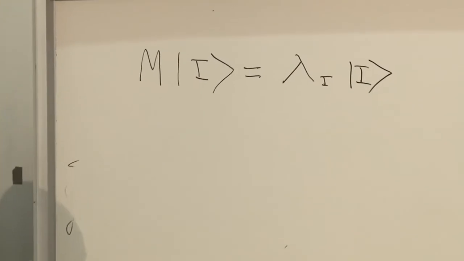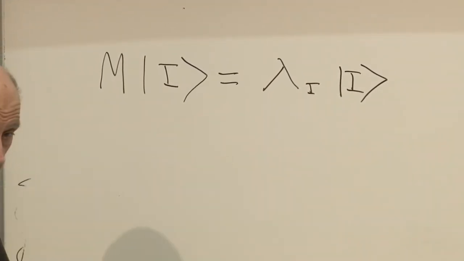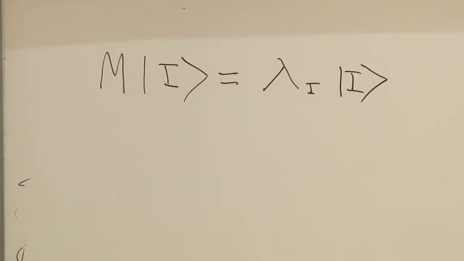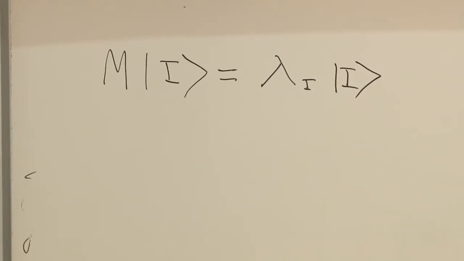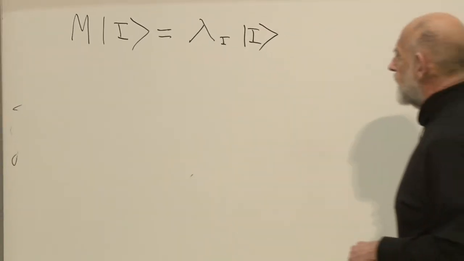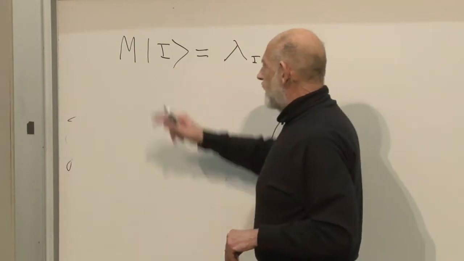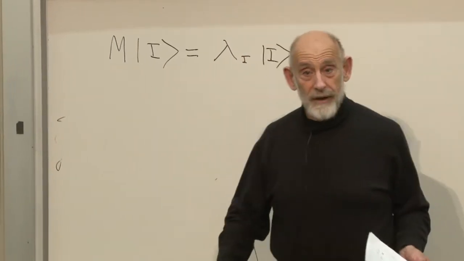Now, different eigenvectors of the same matrix will have different eigenvalues. In general, that's the generic situation. If there are several eigenvectors, they will have different eigenvalues. However, the eigenvectors are not completely unambiguous. If you take an eigenvector and multiply it by a number, the result is still an eigenvector with the same eigenvalue.